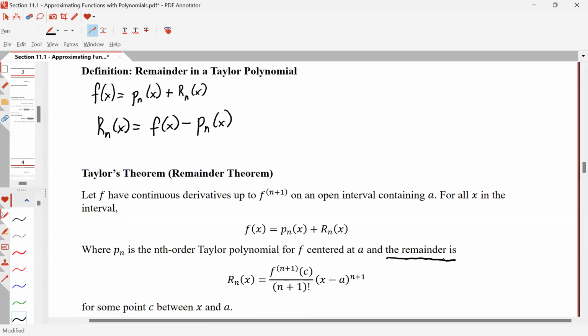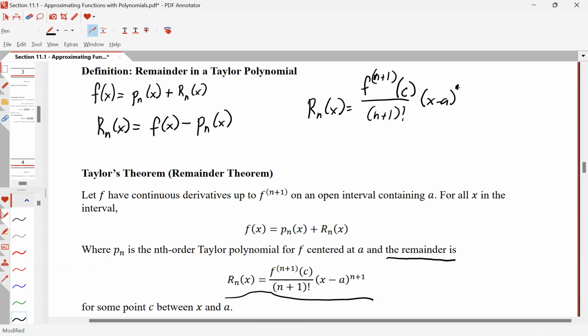The remainder can actually be found, and it can be proved using the mean value theorem, that this remainder is the n+1 derivative at some point c over n+1 factorial times x minus a to the n+1.